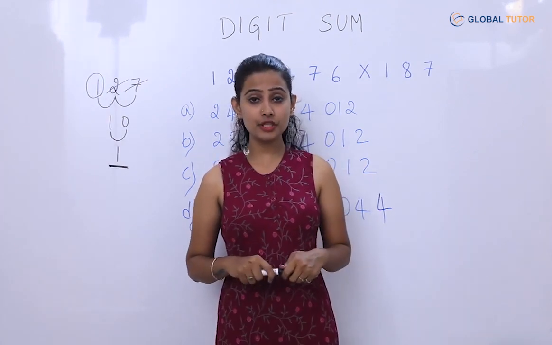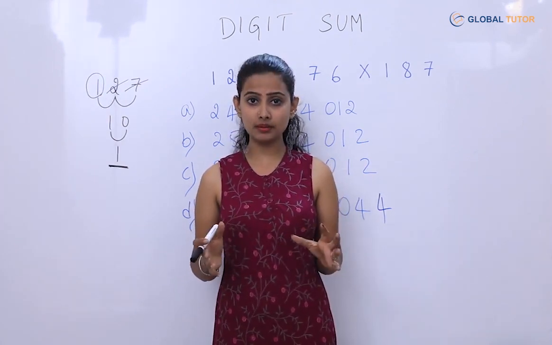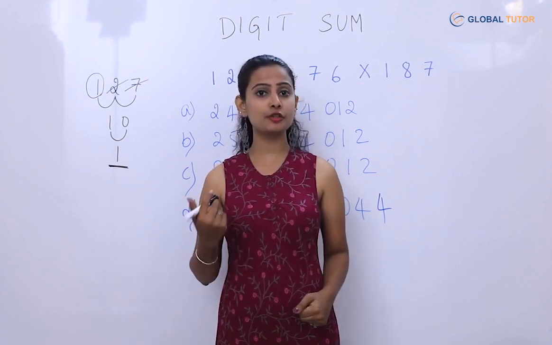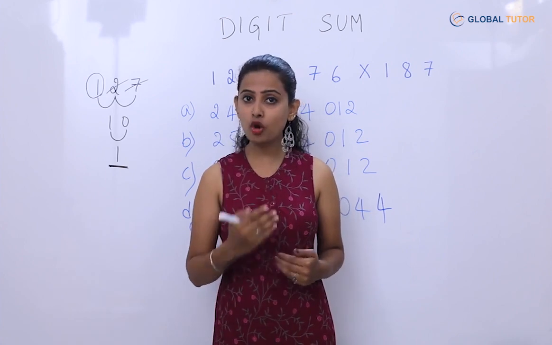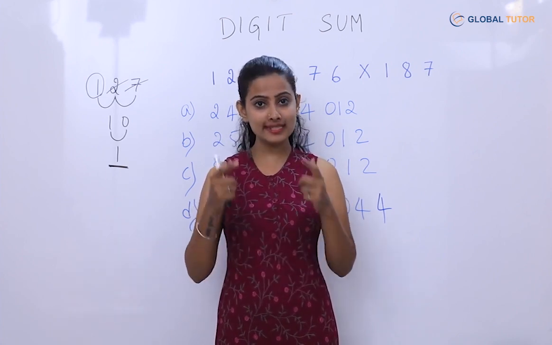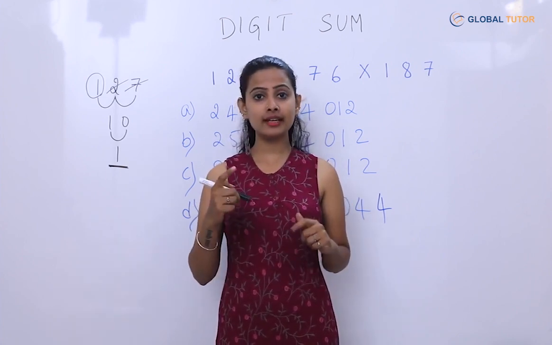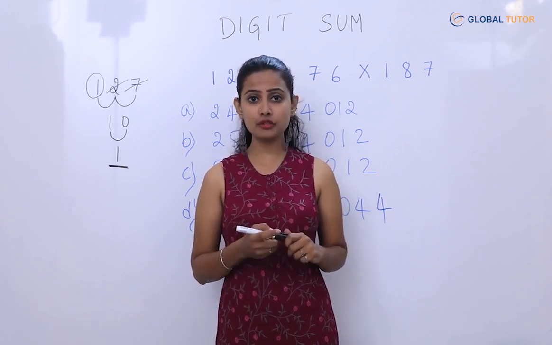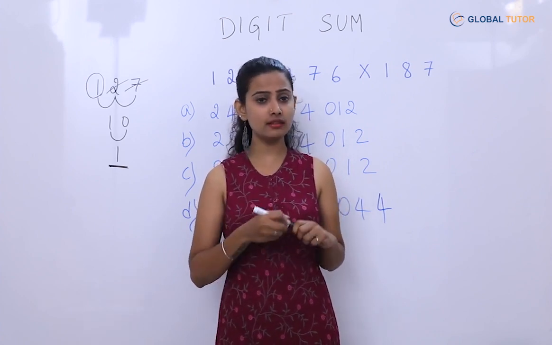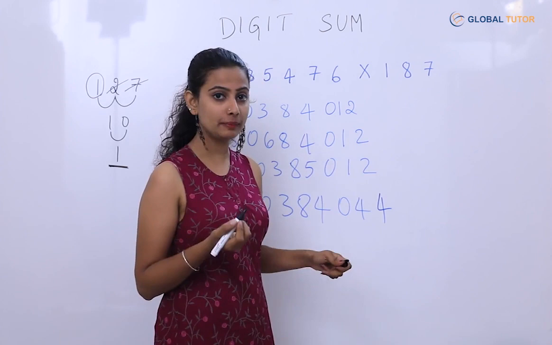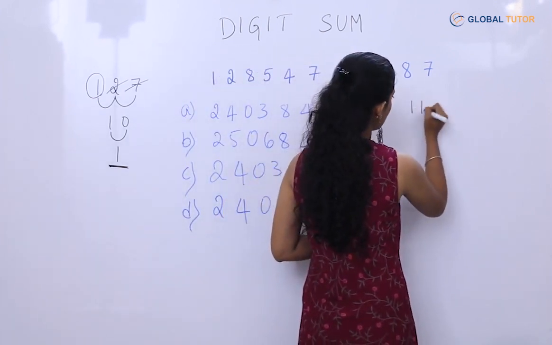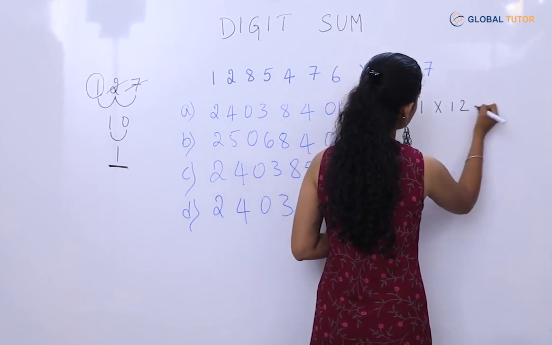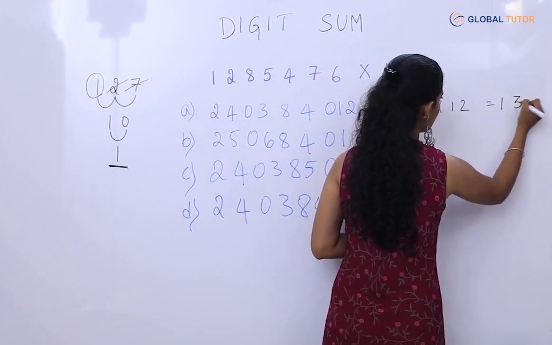Whenever an operation is performed on certain numbers, it could be addition, subtraction or multiplication, then the same operation will be applied on their digit sums also. It can be applied for division also, which we will discuss later. Now let us take an example of multiplication and I will show you how it works. Let's say 11 into 12, which is 132.